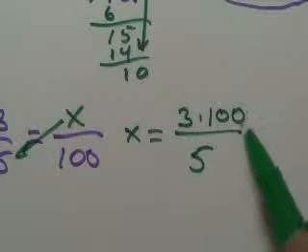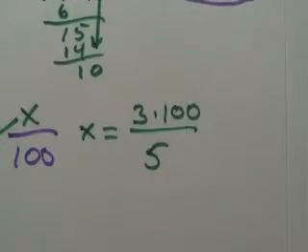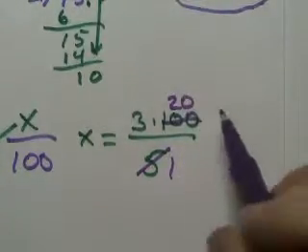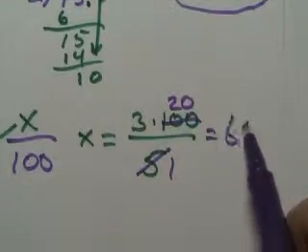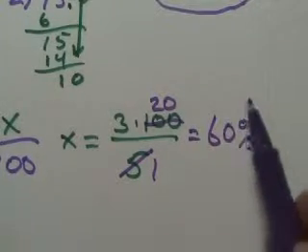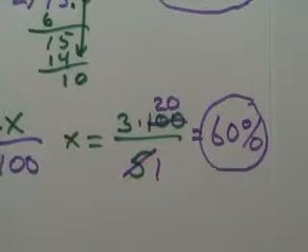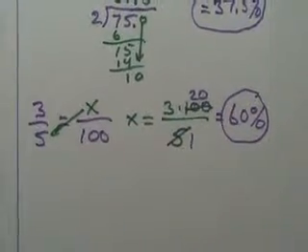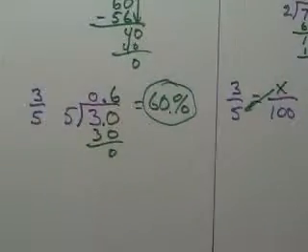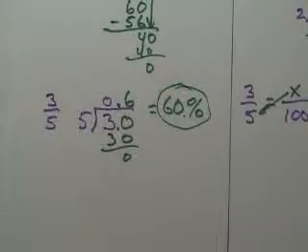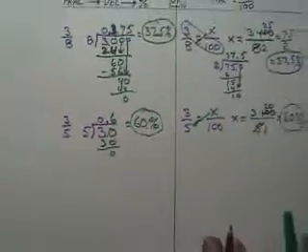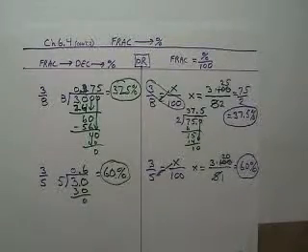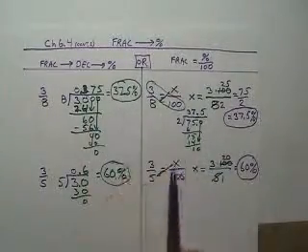And we know that 5 will go into 100. 5 goes in 100 20 times, and 3 times 20 is 60. The answer is 60%. So that's another method of doing this. Sometimes it's faster, and sometimes it's not. So again, you can choose which method you'd like to use.